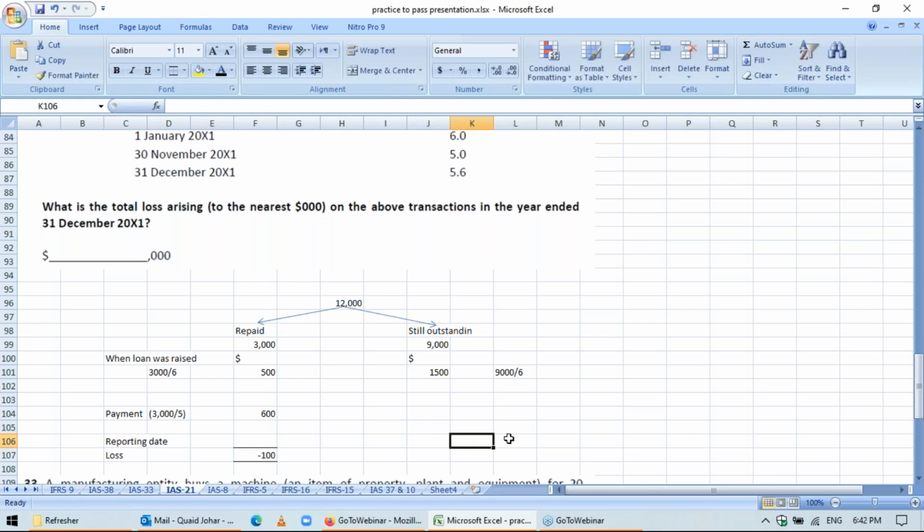So at reporting date, the 9,000 figure will be converted at 5.6 on 31st December 2001. So if we convert it, this makes 1607.143.